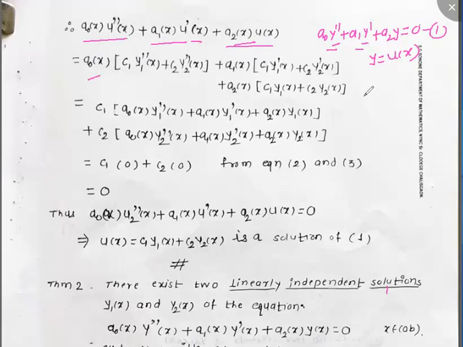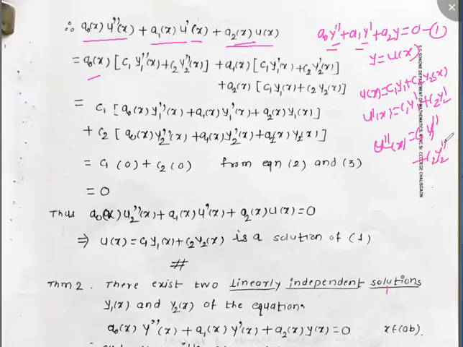We have just seen that u(x) is taken as a linear combination c1 y1(x) + c2 y2(x). Then its first derivative is c1 y1'(x) + c2 y2'(x), and the second derivative of u is c1 y1''(x) + c2 y2''(x).